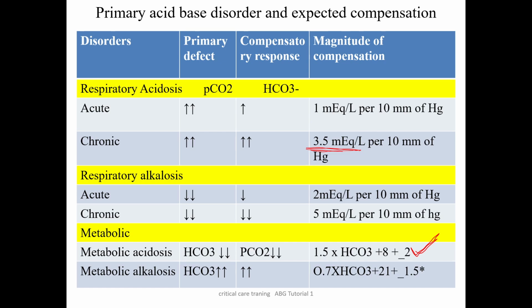Similarly, if the actual PCO2 in the ABG is lesser than your expected PCO2, then there is an additional respiratory alkalosis. So that is how you find primary and secondary acid-base disorders. In metabolic alkalosis, similarly, 0.7 times bicarbonate plus 21 is your expected PCO2.